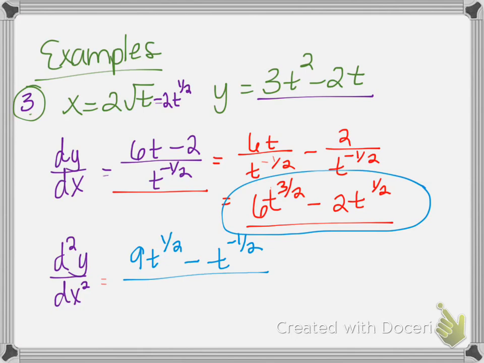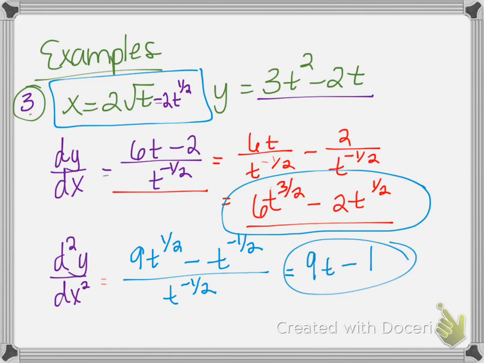And then you divide it by the derivative of the x. So you find the derivative of whatever you got, and then you divide it by the derivative of x. The derivative of x here would have been 1/2 times 2, and then t to the negative, so it's t to the -1/2. Again, that answer is okay, but if you simplify it the way I simplified the derivative above, you would end up with 9t minus 1, which would, on multiple choice, those would be the answers that you would see.